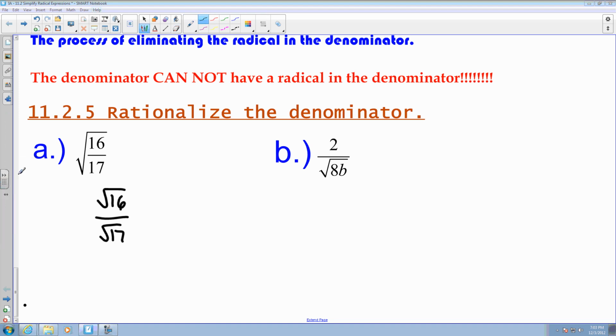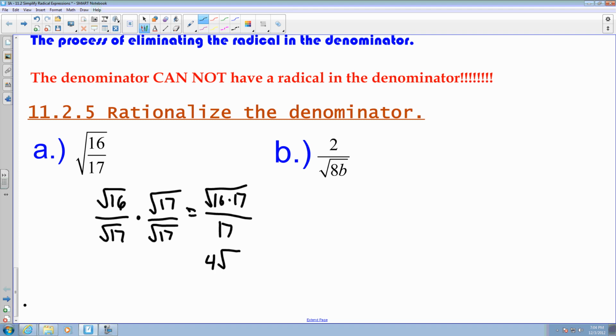Okay, so what I'm going to do first is multiply both the numerator and the denominator by the square root of 17, which then equals the square root of 16 times 17 divided by 17, because the square root of 17 times the square root of 17 is just 17. And the square root of 16 gives me a 4 times the square root of 17 all over 17. It's okay to have square roots in the numerator, just not in the denominator.